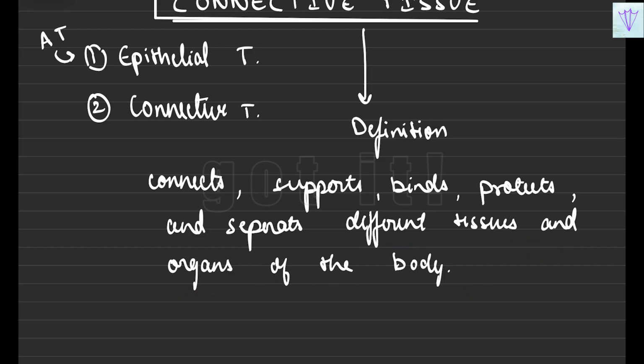As we've already read, the function of epithelial tissue is acting as an outer layer, protecting the delicate inner organs, or helping in exchange. In epithelial tissues we have tightly packed cells, but in connective tissues we will not have tightly packed cells.